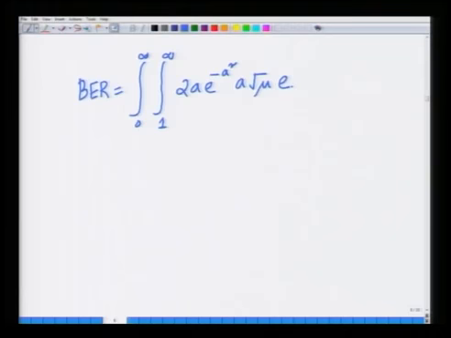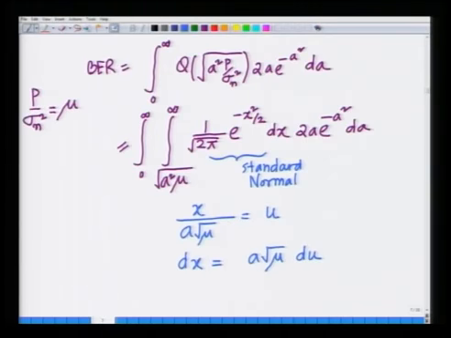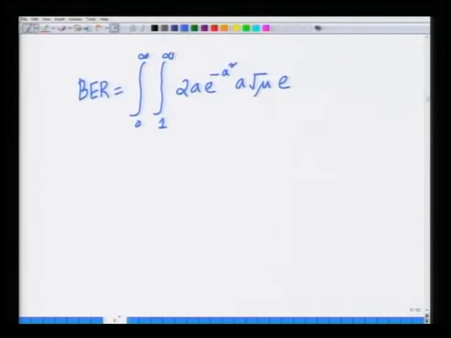Now, x as we have seen is a square root of mu times u, which means x square is a square mu u square. So, that is what I am going to write over here, which is minus mu a square u square over 2 times du times da.